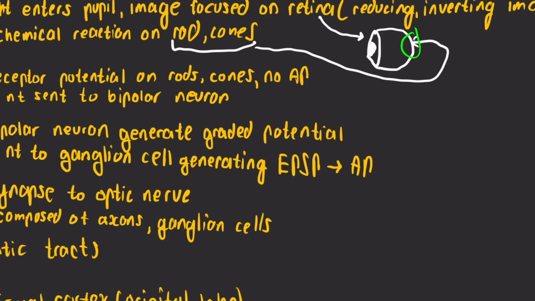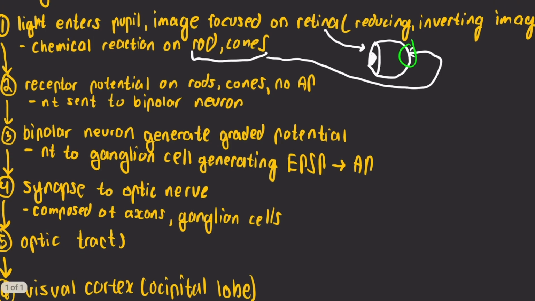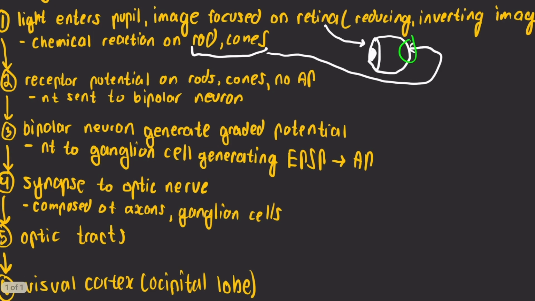Not the most accurate depiction of rods and cones, but let's say this is rods, cones. They send those neurotransmitters, NT, to a bipolar neuron, so it's going to send it to another neuron.